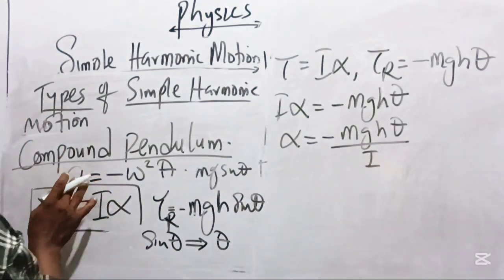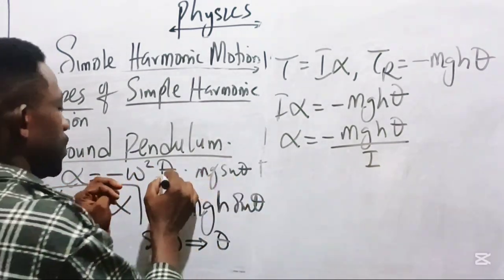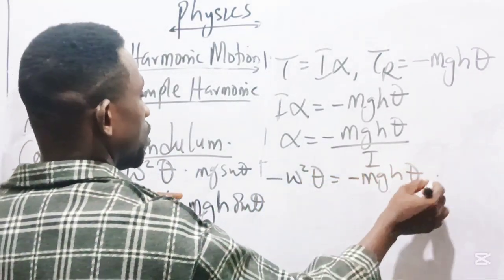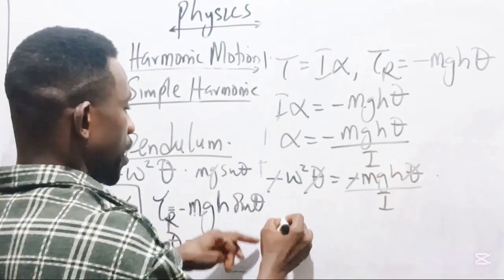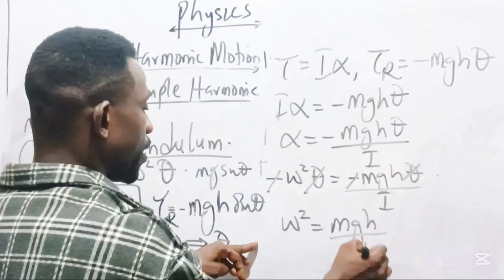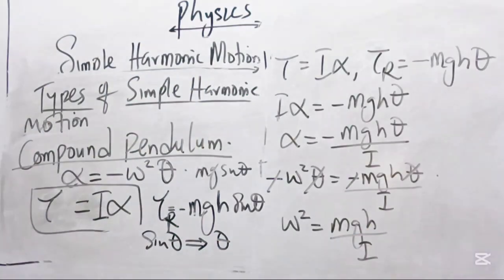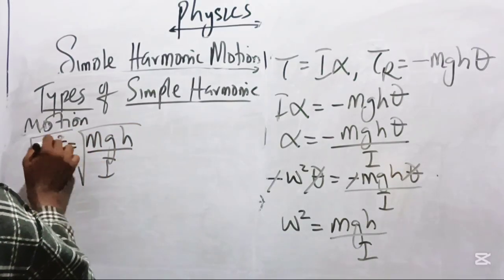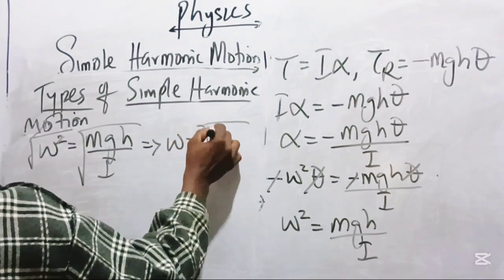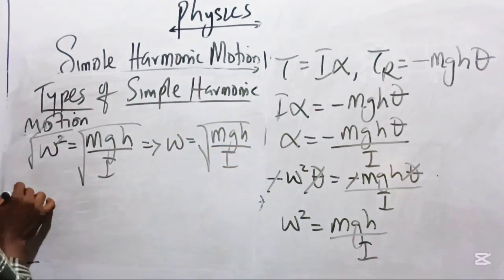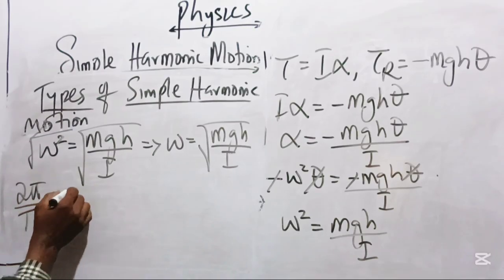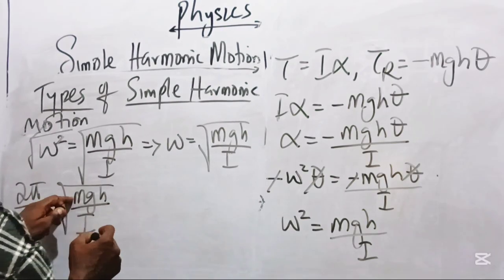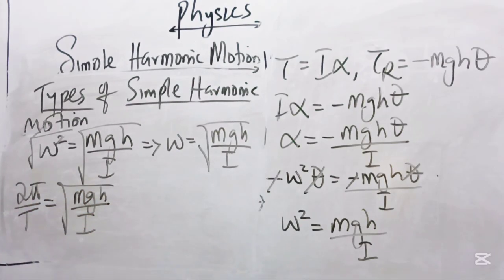But we have that our alpha is equal to minus w squared theta. So we have that minus w squared theta is equal to minus mgh theta all over I. So this cancels this, we have w squared is equal to mgh all over I. So that w is equal to square root of mgh over I. Then 2 pi over period is equal to square root of mgh over I, where I is moment of inertia, m is mass of the body, g is acceleration due to gravity, then h is the height of the bulb.